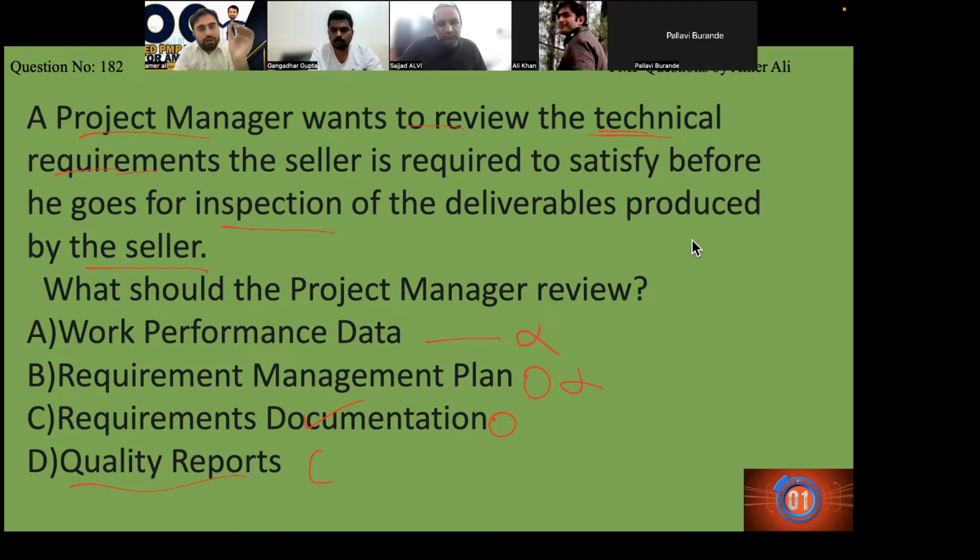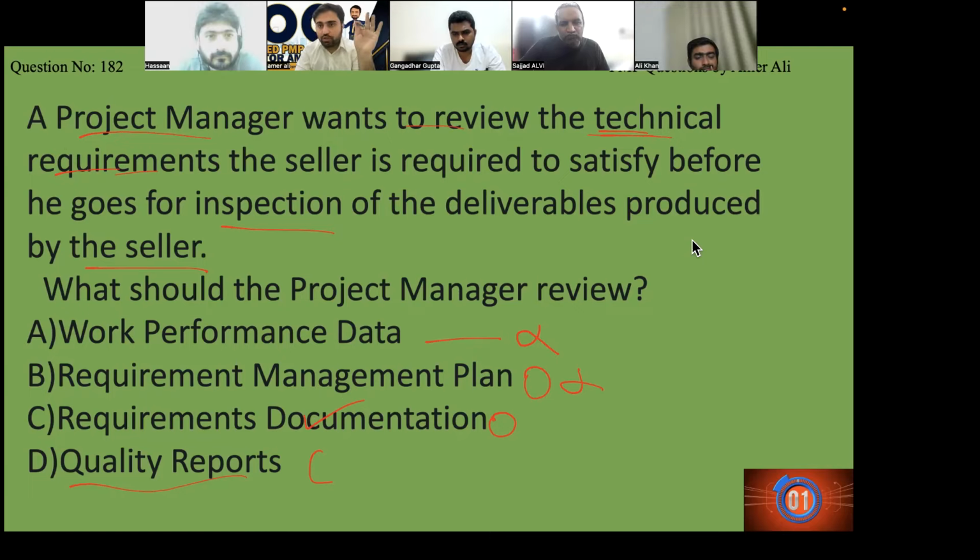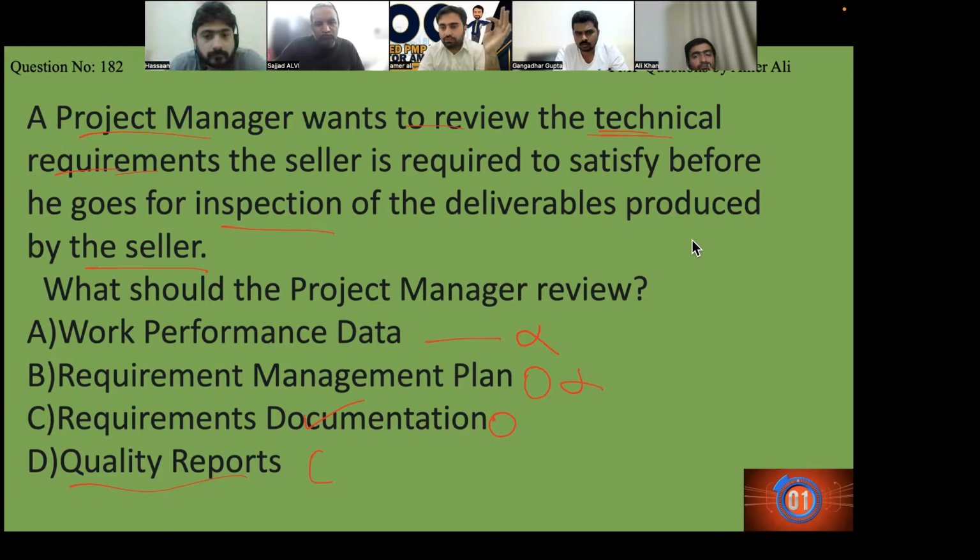Ali Khan, requirement management plan tells you how to manage the requirement. To be very specific, which requirements will be there, requirement documentation is more specific. Requirement plan is how it will be managed. Work performance data, first of all, watch the journey of work performance data video.